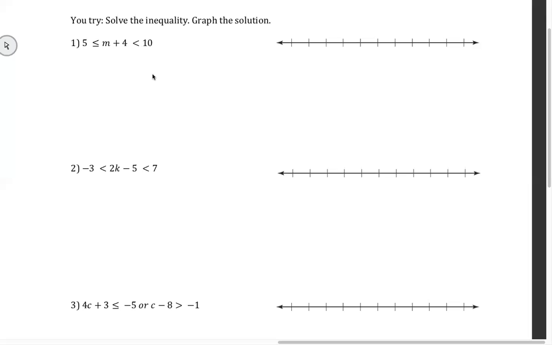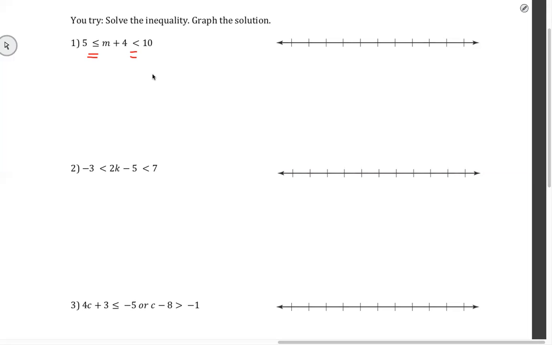All right, let's start going over these. Now, there's a few things I want you to pay attention to. One, I want you to look at the symbols. Okay, I'm going to underline them for you. So here, notice my symbols.